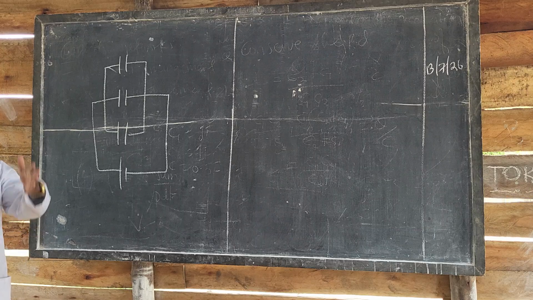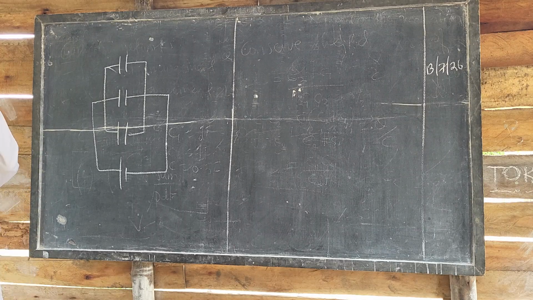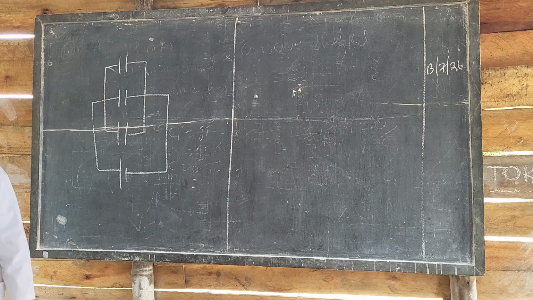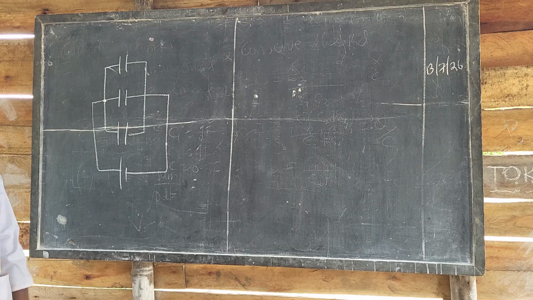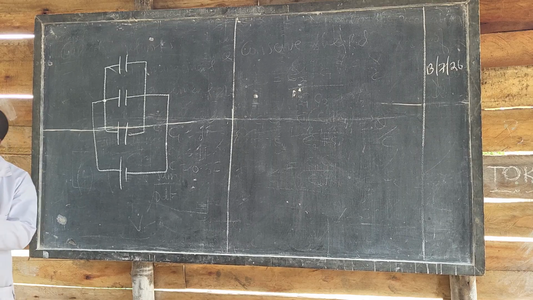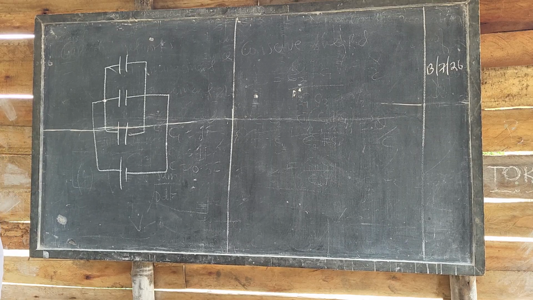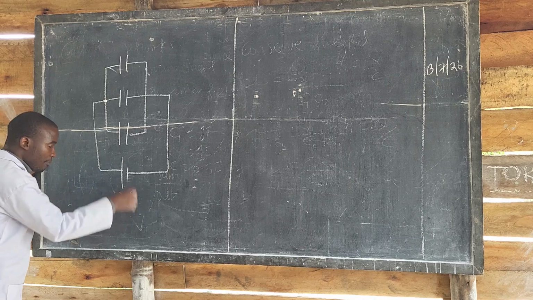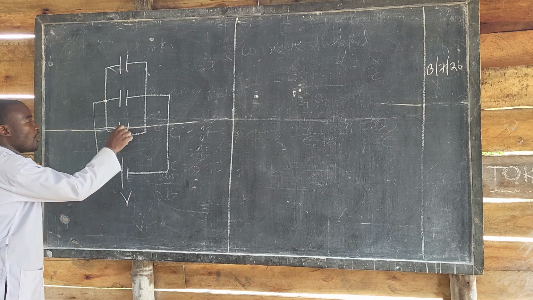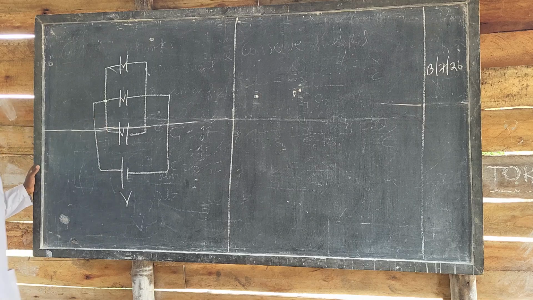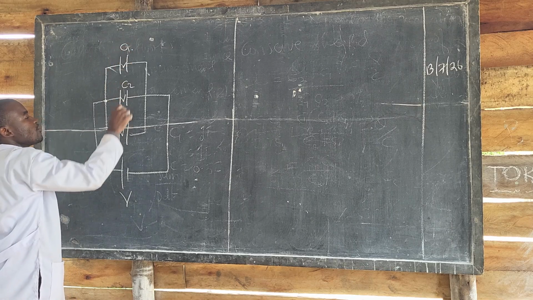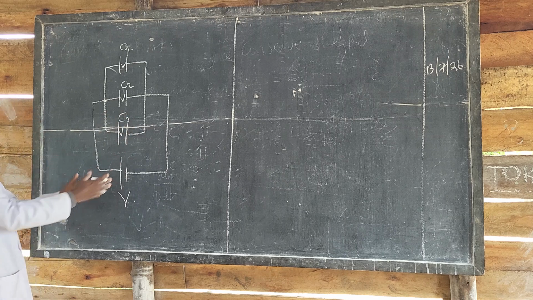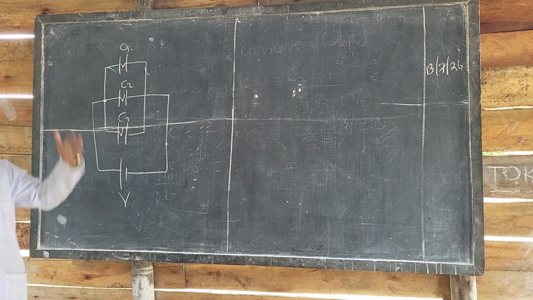The PD across all the three, or according to the number that you'll have, is the same. But now, because of the junction at a point, the charge that is going to be taken by each is going to be different. So the PD that you apply is going to be the PD across all the plates. So if this is C1, C2, C3, we are saying that the PD across all the plates is the same.